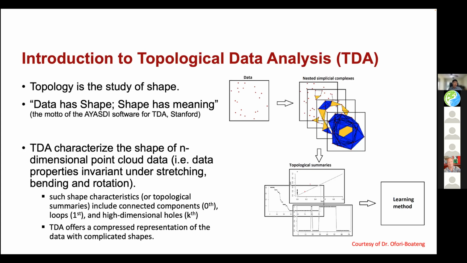And TDA characterizes the shape of data by using a filtration algorithm. With this filtration algorithm, they apply a simplicial complex around each point in the point cloud data. And these shape characteristics include the connected components and first dimensional loops, and depending on the data, it includes higher dimensional holes as well.